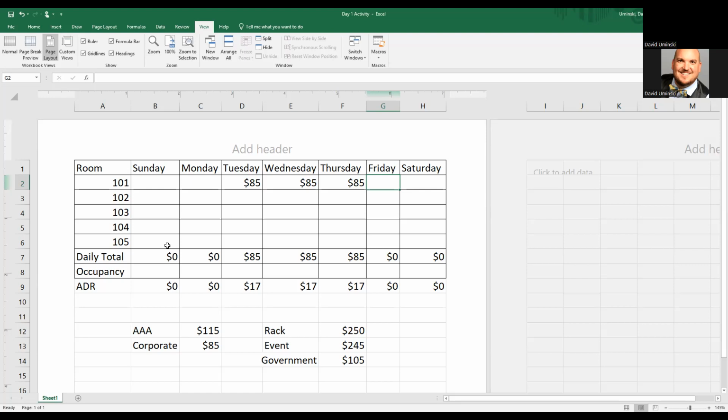Number 2, the rack rate of $250, checking in on Tuesday for 1 night.